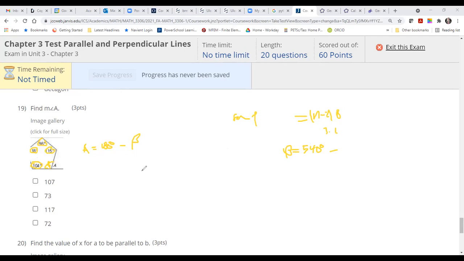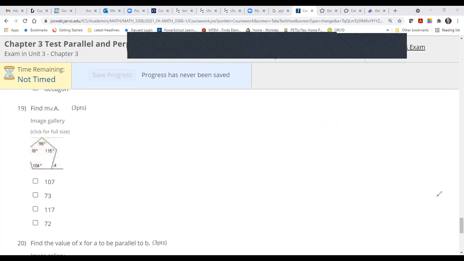Okay, here's the beta. Yeah, you need to check the formula again for this one. So that's number 19. We'll go to the last one.